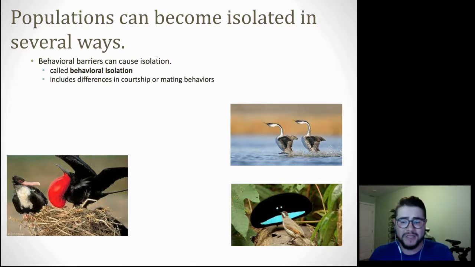That's behavioral isolation. All of these are different types of birds, but their courtship rituals are significantly different. You're not going to see a bird of paradise mate with a swan because their mating and courtship behaviors are not the same.